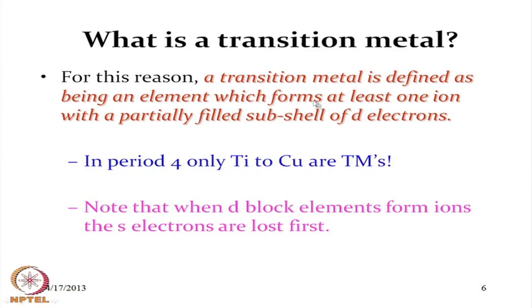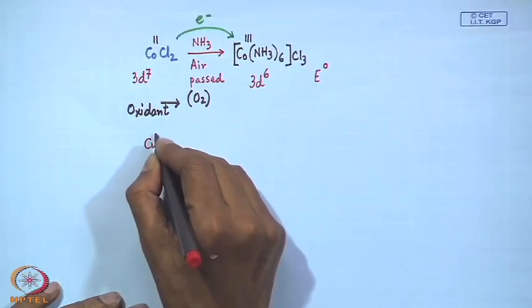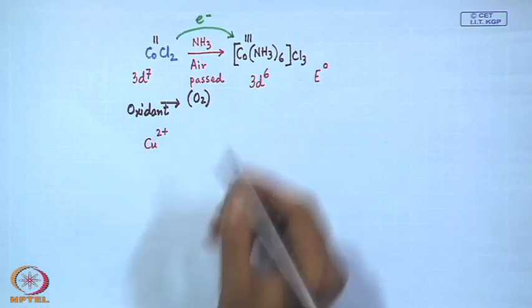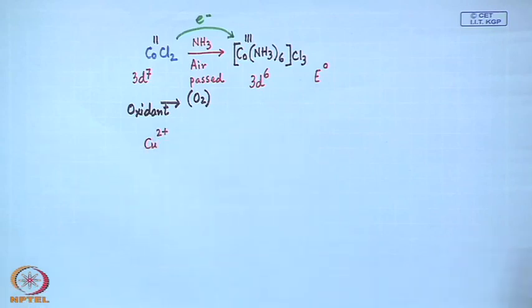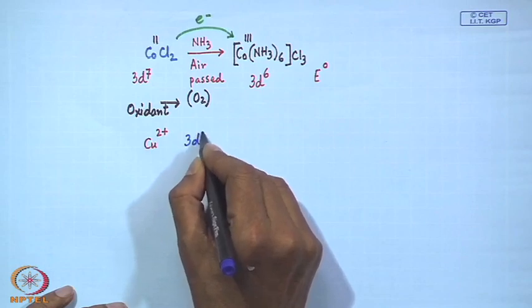So, a transition metal can be defined as an element which forms at least one ion with a partially filled subcell of d electrons. That means at least it can have one oxidation state like that of our copper. When we have copper in bivalent oxidation state, what we see is that the corresponding electronic configuration is 3d9.